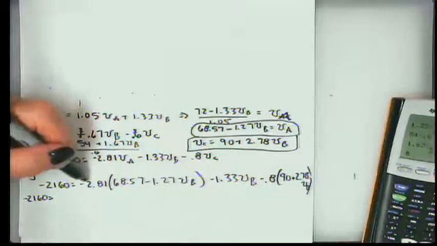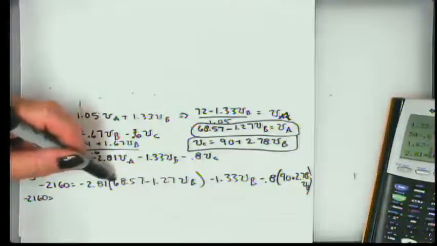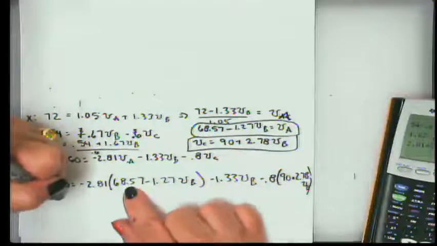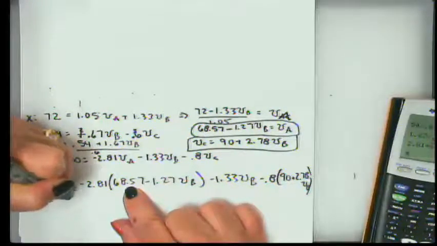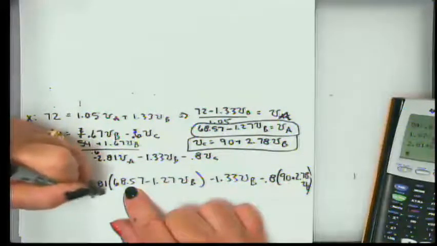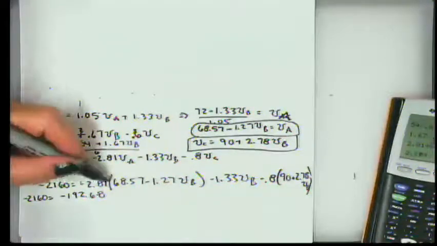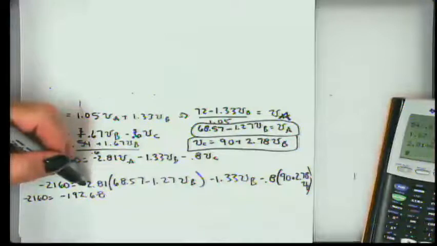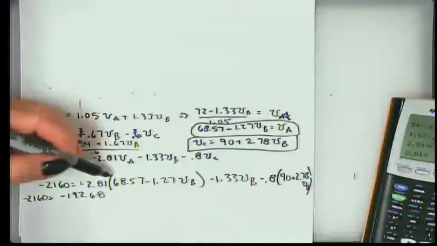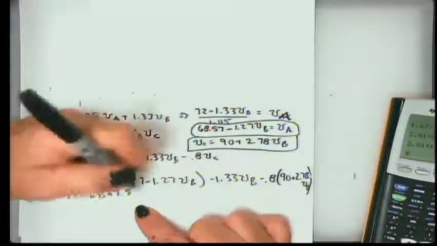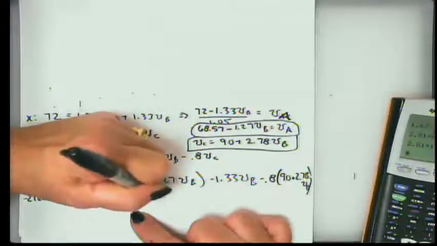So if I take my coefficients, 2.81, I distribute through, multiply it by 68.57. This first number is negative 192.68. And when I multiply negative times a negative, I get a positive 3.57 v sub b.